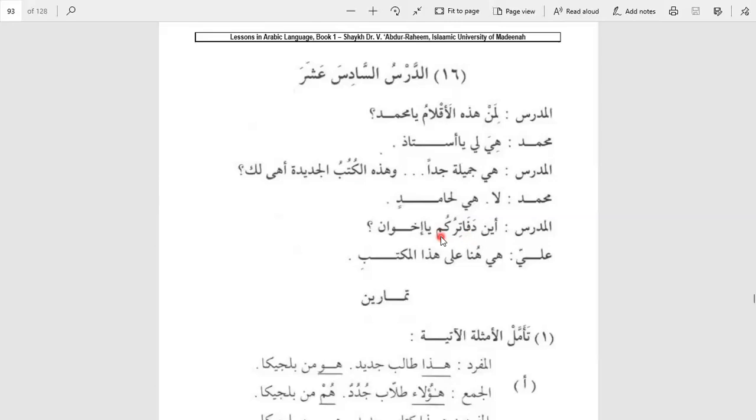Dafatirukum, ya one. Look at this. Dafatiru is the plural of daftar. So, where are your books? And look at this pronoun attached to dafatiru. Dafatirukum, referring to the brothers present here: where are your books?